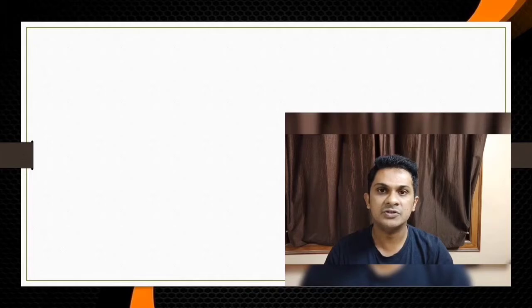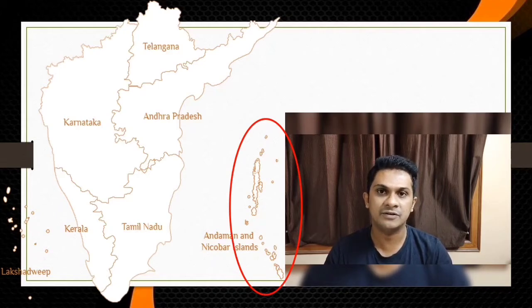If we are taking one more example, let us assume the transaction is happening within the union territory. We will take another union territory of India, which is Andaman and Nicobar Islands. Now let us assume a seller in Andaman, maybe in Port Blair, is selling the product to a place in Nicobar Island. Since the transaction is occurring within the union territory, on this transaction we need to charge CGST and SGST.